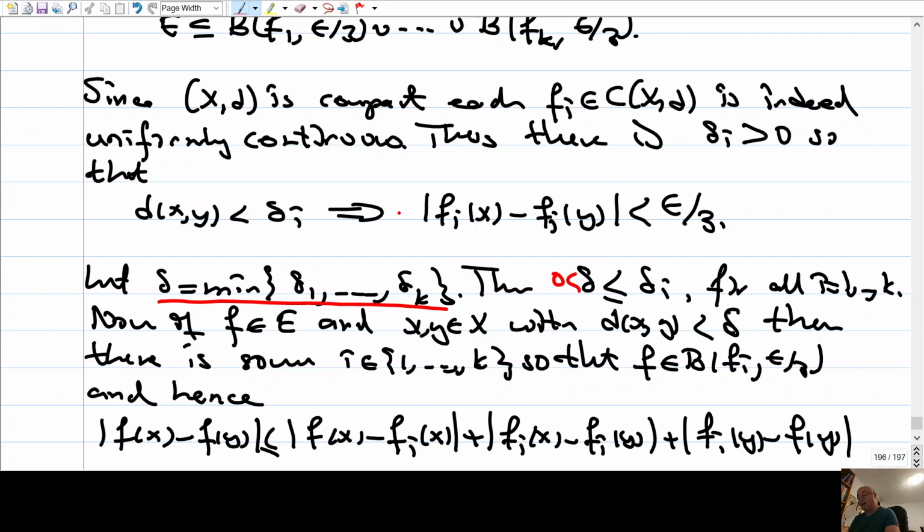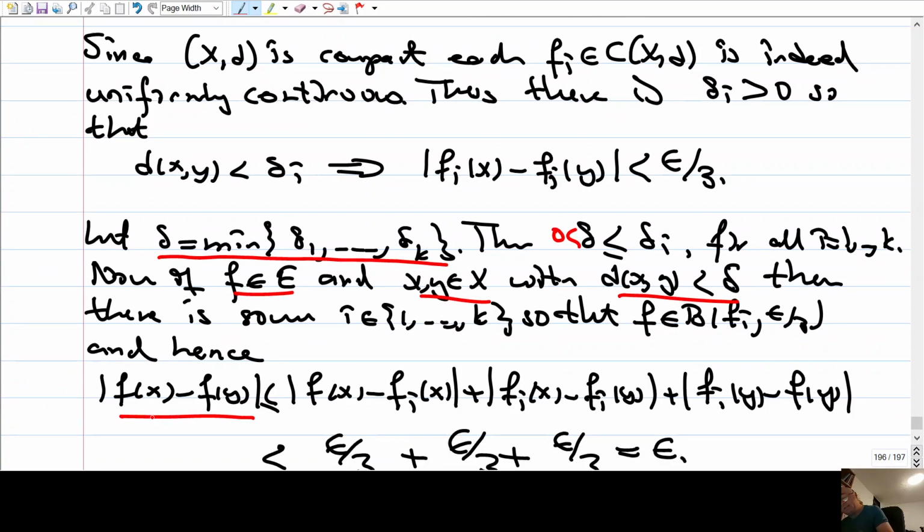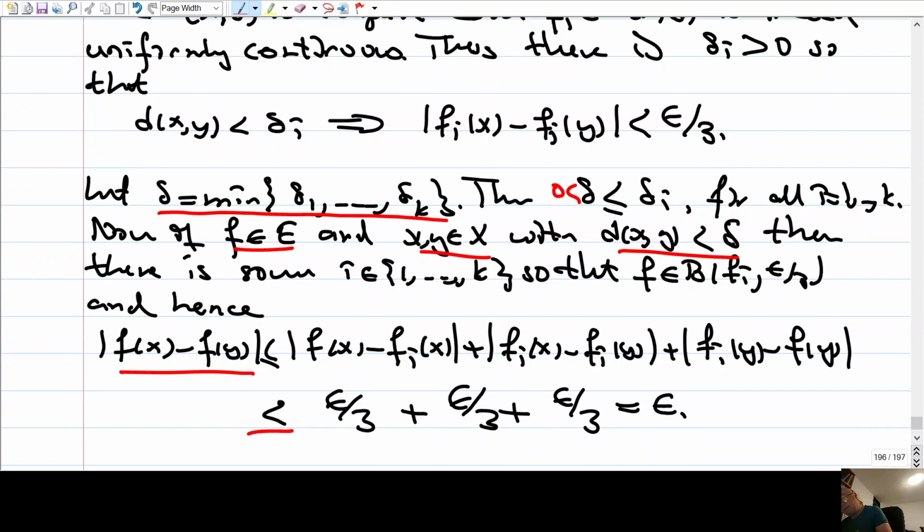I have only finitely many fi and finitely many deltas, therefore I can choose their minimum, which is still positive. And whenever f is in E and x, y are delta close to each other, this distance is less than epsilon.